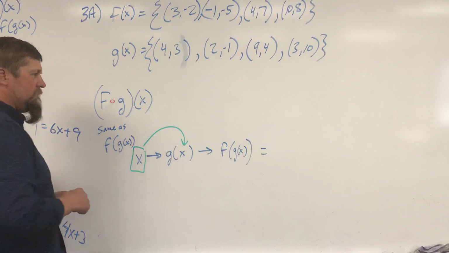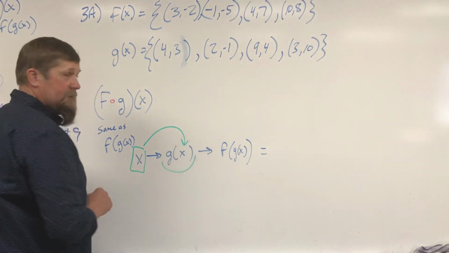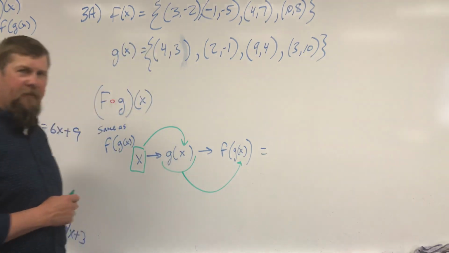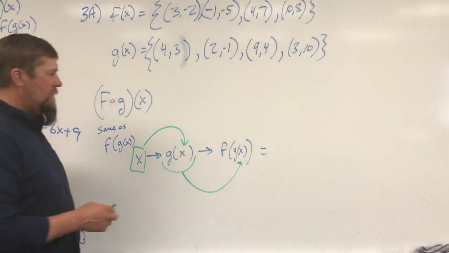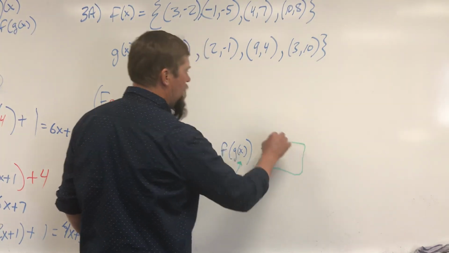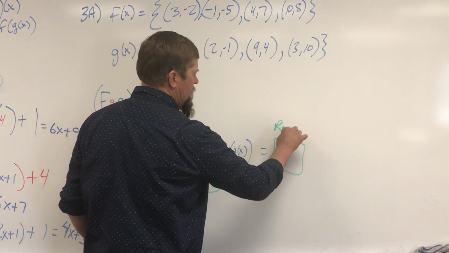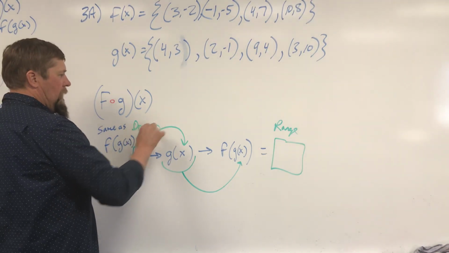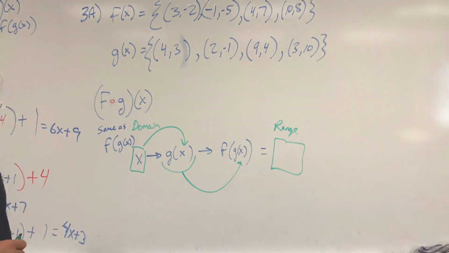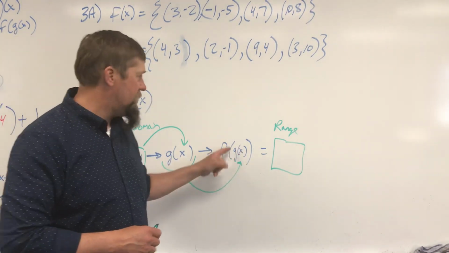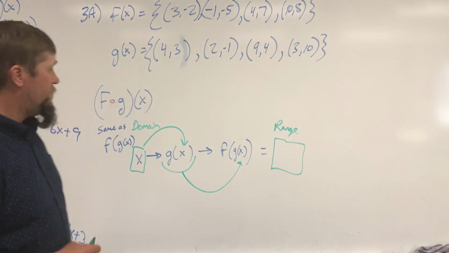What comes out is g of x. We put whatever that is into the f of x function, and then whatever comes out of that is our range. So our domain is our x values that get put in. Whatever comes out of g goes into f. Whatever comes out of f is the range value.